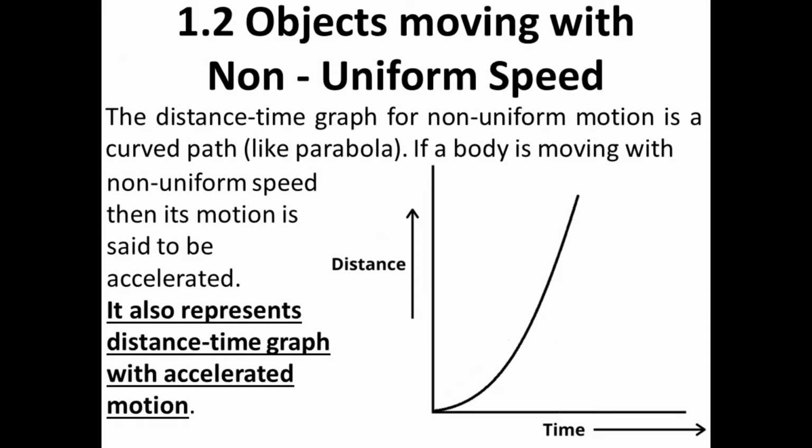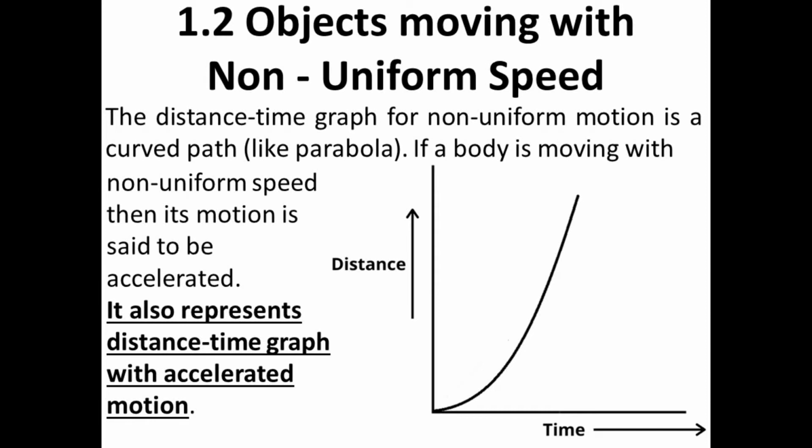Next is the distance time graph for an object moving with non-uniform speed. The distance time graph for non-uniform motion is a curved path, like a parabola. If a body is moving with non-uniform speed, then the motion is said to be accelerated.